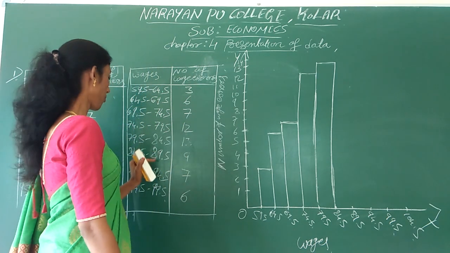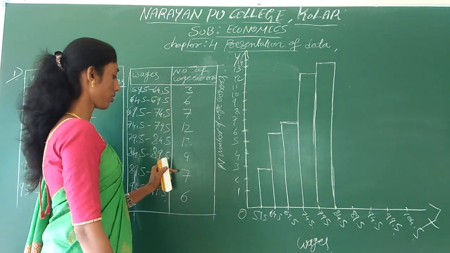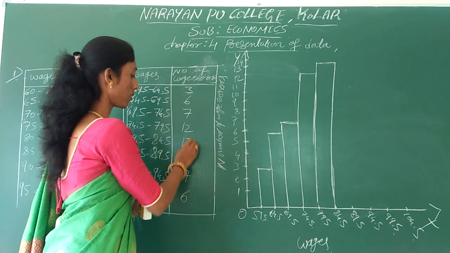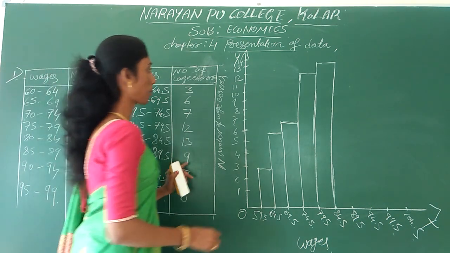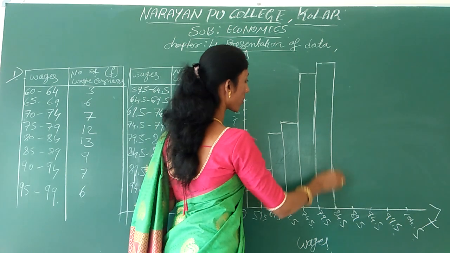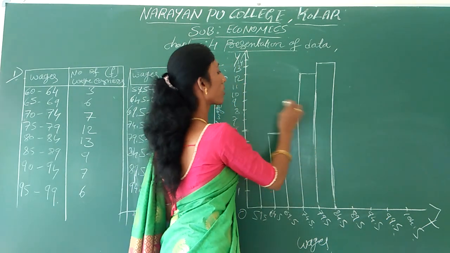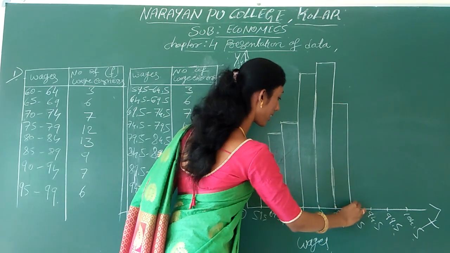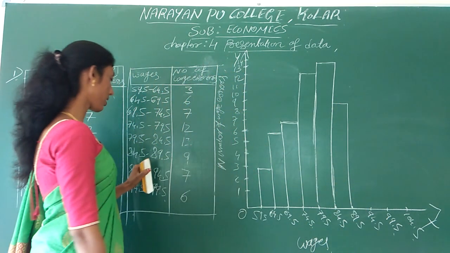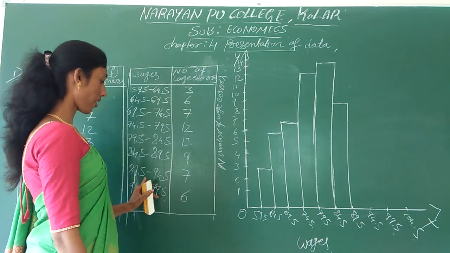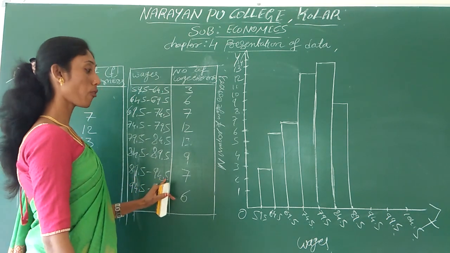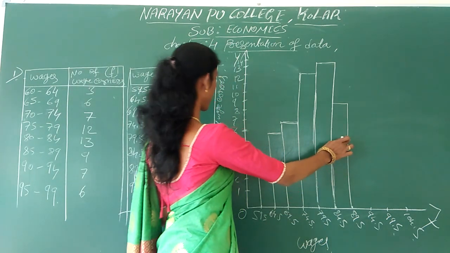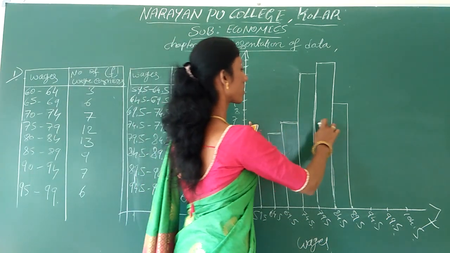Next, come to 84.5 to 89.5. There are 9 members. 9 means in the same line, the 9 will appear here. Just cut the line here and add it to the 89.5. Then come to the next, 89.5 to 94.5. There are 7 members on this line.